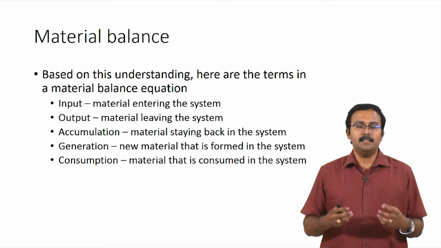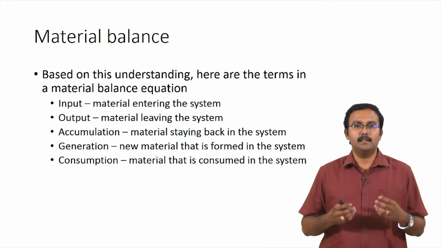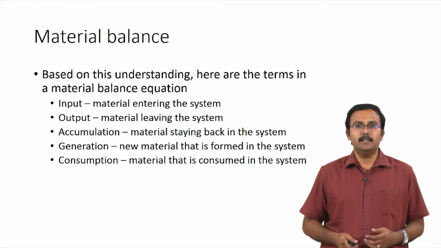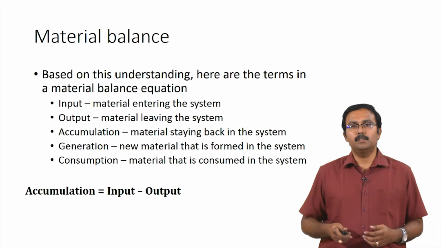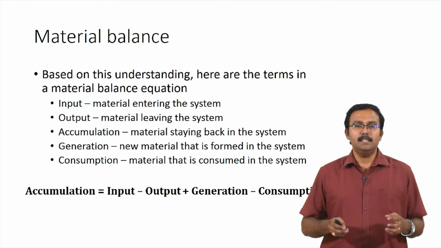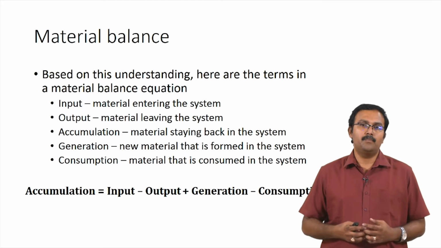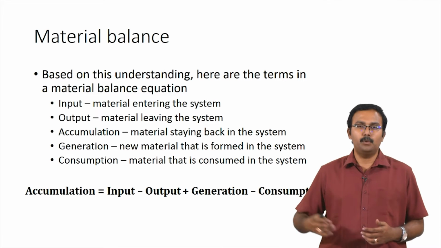We need to come up with an equation which will correlate these 5 terms. The general equation which fits for both material and energy balances is as follows. Accumulation is equal to input minus output plus generation minus consumption. This equation forms the basis for performing all material and energy balances, which we will repeat throughout this course.